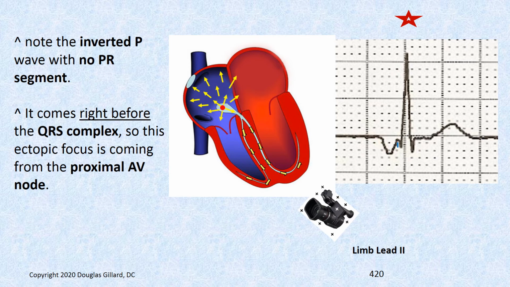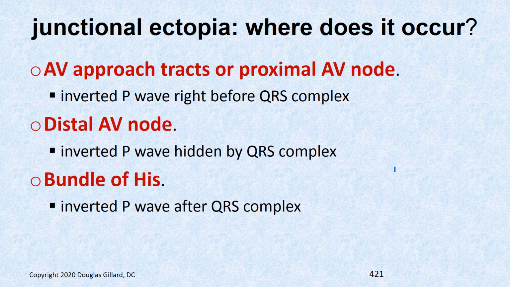The signal occurs here, so there's no delay of the signal getting through. Part of the signal immediately goes through the AV node, so you have no PR segment. So that's a classic PJC right there. And you can see the inverted wave. You can see the very short PR segment, and that's what that is.